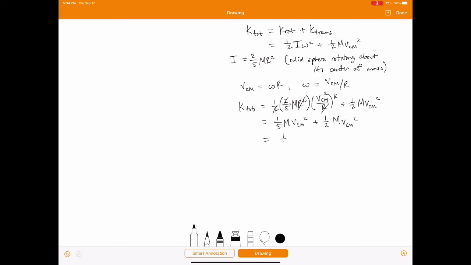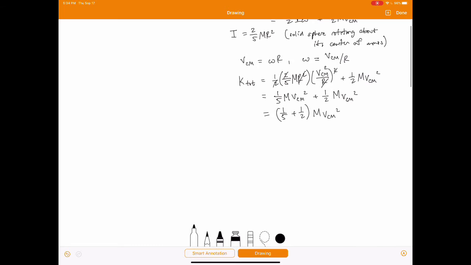So we have 1/5 plus 1/2, times m times V_CM squared. We can combine those two fractions to give us 7/10 m times V_CM squared.